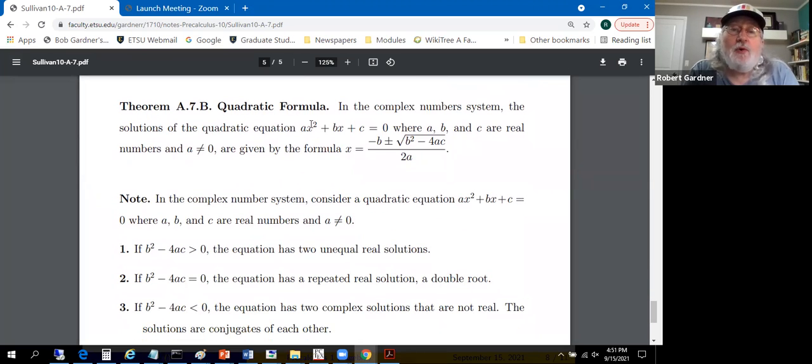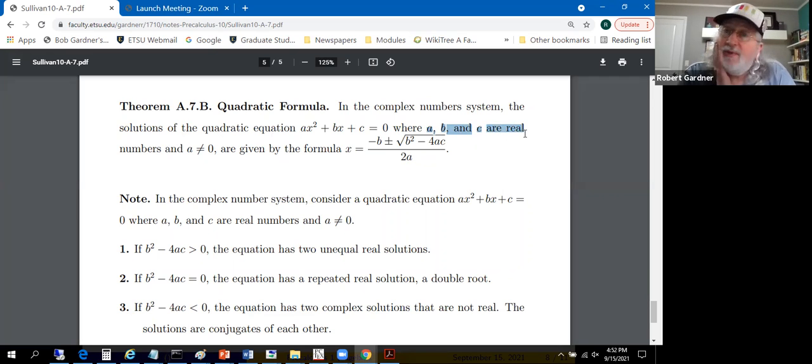The quadratic formula states, and we've already done this, but not with complex numbers, that in the complex number system, the solutions of the quadratic equation ax squared plus bx plus c equals 0, where a, b, and c are real numbers, are given by the formula x equals negative b plus or minus the square root of b squared minus 4ac, divided by 2a.